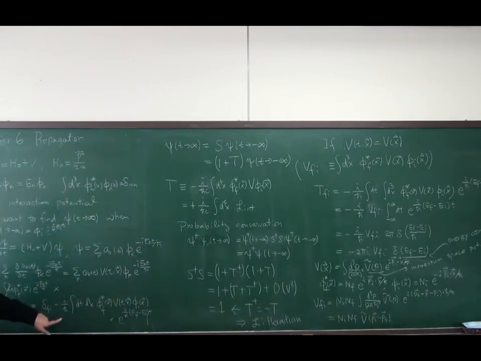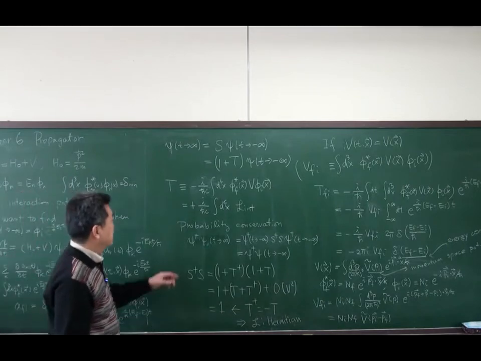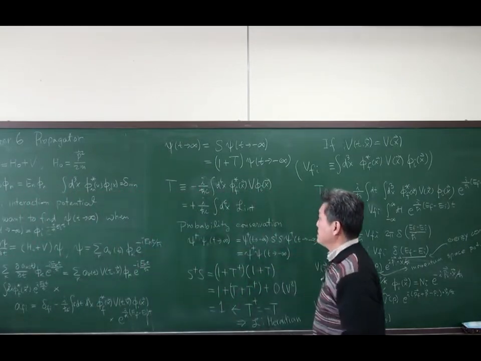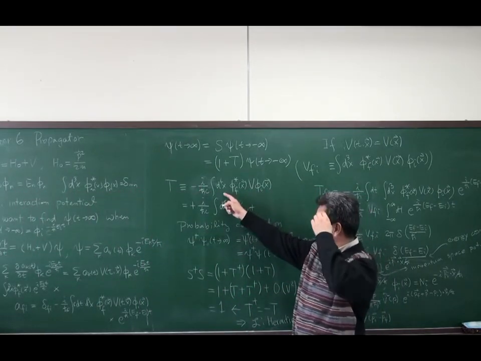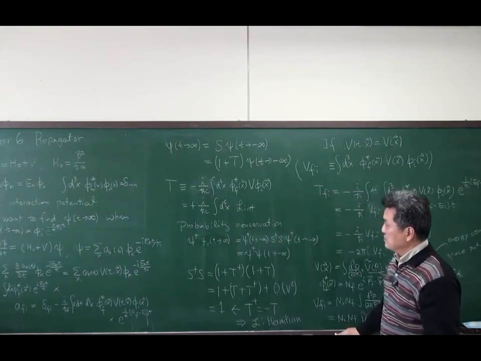If I copy this result, then this is T, so I multiply c here and divide it by c. So minus i over h bar c, and the four-dimensional integral of this function.